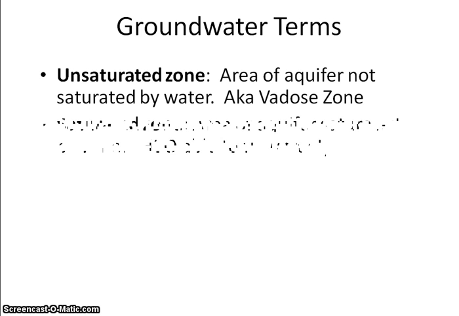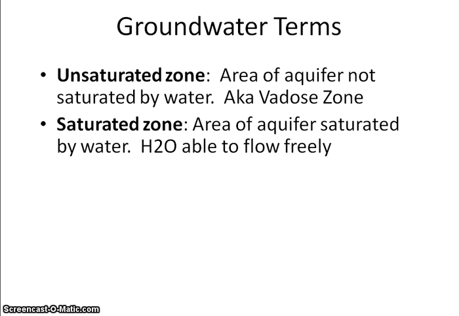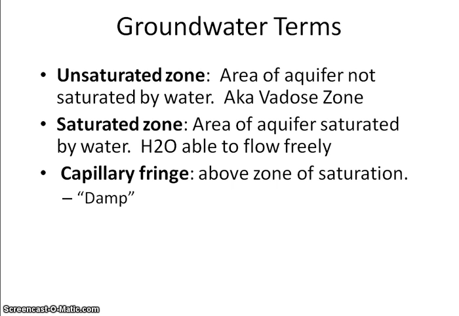And the saturated zone is the area that is saturated with water. Lastly, relative to these is the capillary fringe. The capillary fringe is the area above the zone of saturation that has a slight dampness to it. The water has been pulled up into that because of capillary action.